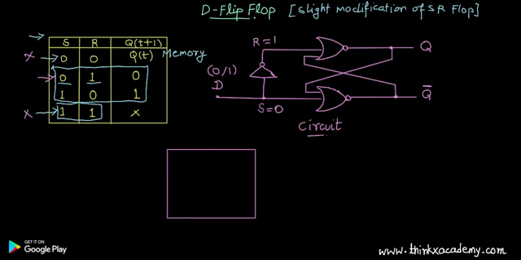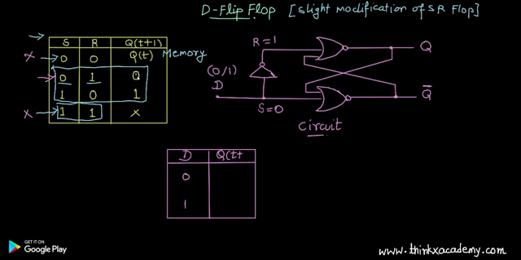is very easy. Because there is only one signal, first we are going to write D here. We know that the value of D can be either 0 or 1. Now when the input supplied to the circuit, which is D, is 0, then we know that the value of S will be 0 and the value of R is 1.